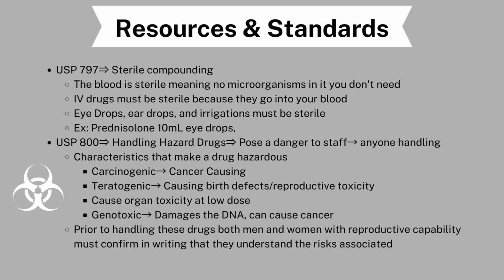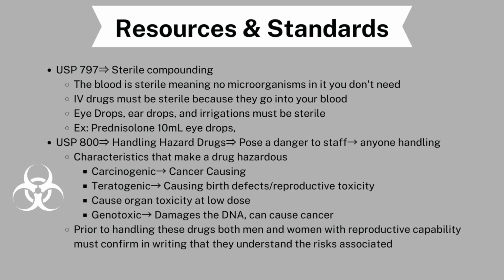Other products include eye drops and eardrops. They all need to be sterile. An example of this is prednisolone, 10 ml eye drops. We do want them to be sterile since they're going directly in our eye. So USP 797, sterile compounding.